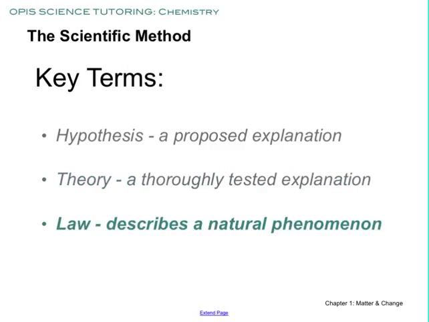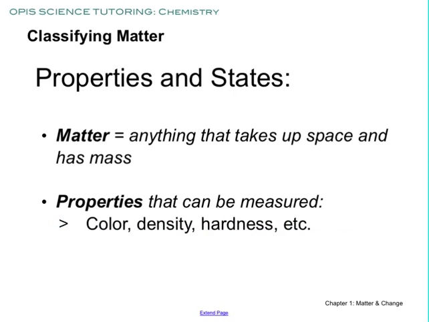A natural law or a scientific law, for instance, the law of gravity, is not meant to explain anything, but rather to describe a natural phenomenon. For instance, here on Earth, a falling body will accelerate at 9.8 meters per second per second. That just says what happens, not why. So get familiar with those terms: hypothesis and theory and law.